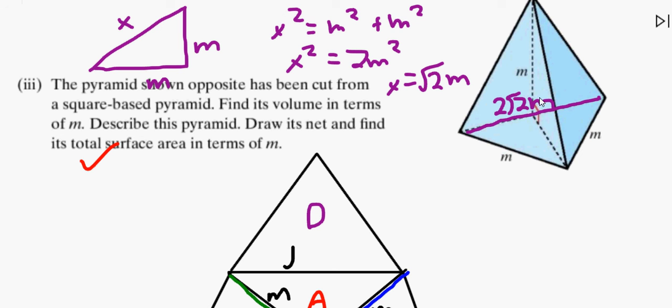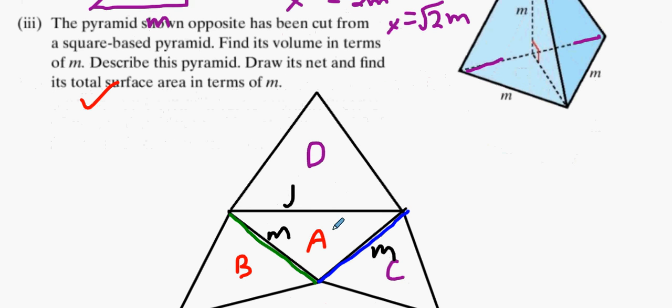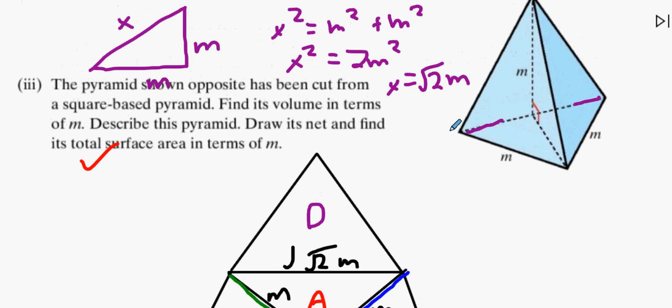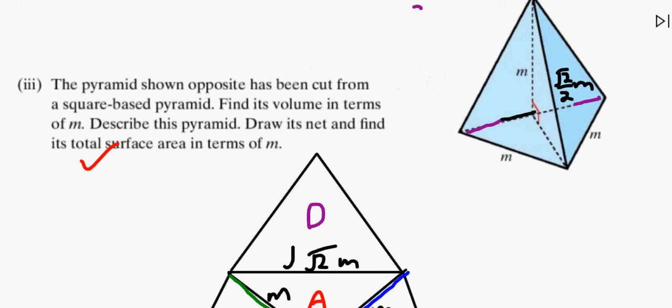My bad. Sorry, that's root 2m. Thanks, Jamie. That's root 2m, and half of root 2m is root 2 over 2 m. Alright? And that will bring me back to my red line from earlier. Thanks for that.